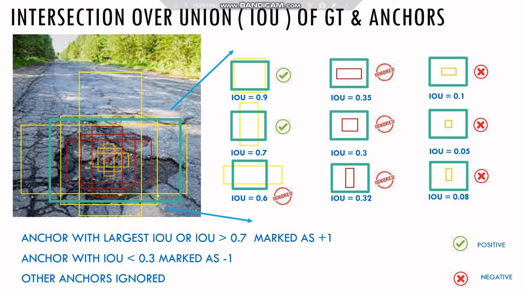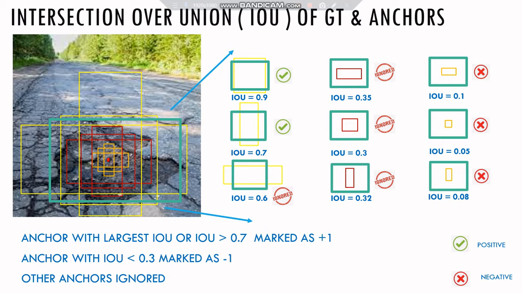slide, and we have one more thing, which is the green colored box, which is the ground truth, or in normal machine learning parlance, this is the label. So this is the actual place, or actual bounding box, for the pothole.